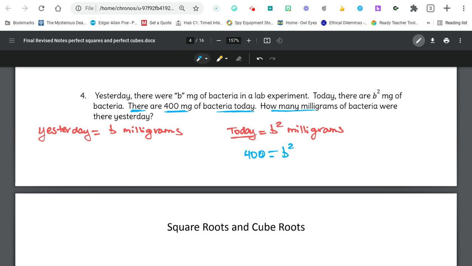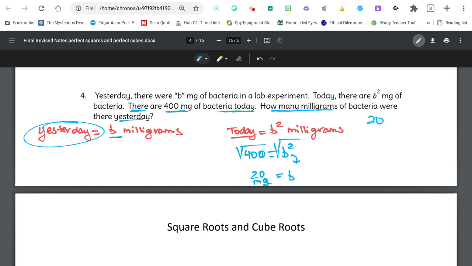So the question says, how many milligrams of bacteria were there yesterday? So I need to go from b squared back to just b, which is yesterday. How do I get from b squared to b? Well, I'll take the square root of b squared. The square root of b squared is b. Square root of 400 is 20, because 20 times 20 is 400.